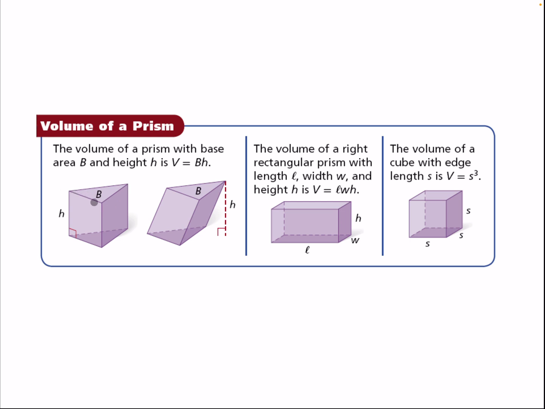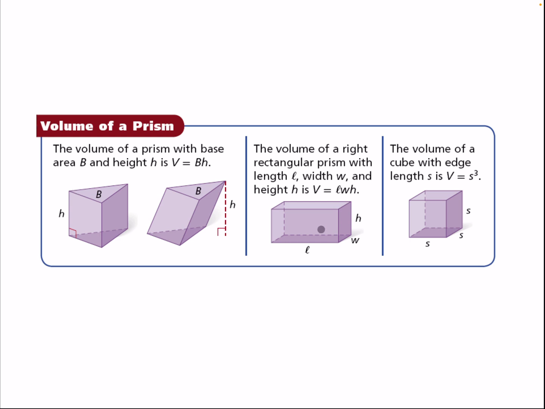You would get the area of one of the bases, so this one triangle, and then you would multiply the area of this triangle by the height of the prism. And that's going to give you your volume. Okay, that's it. The area of a base times the height of the prism.